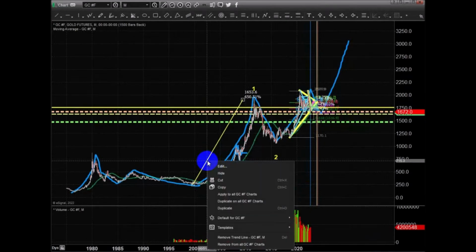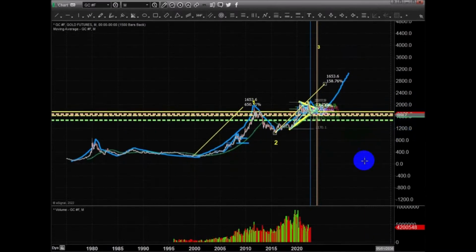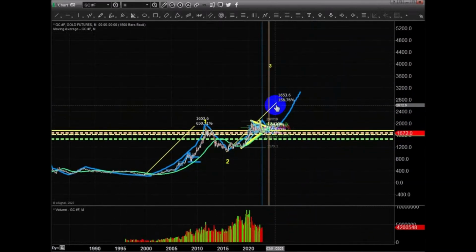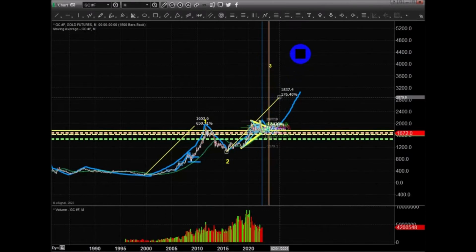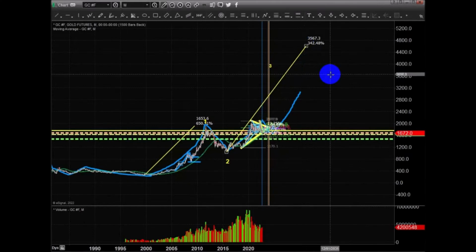And if we were to try to duplicate from this level here up to a 650% move, even if it were to attempt an equidistant move, or potentially, let's say a 350% move, we would be looking at about $4,500 gold. And that would be half of this move.